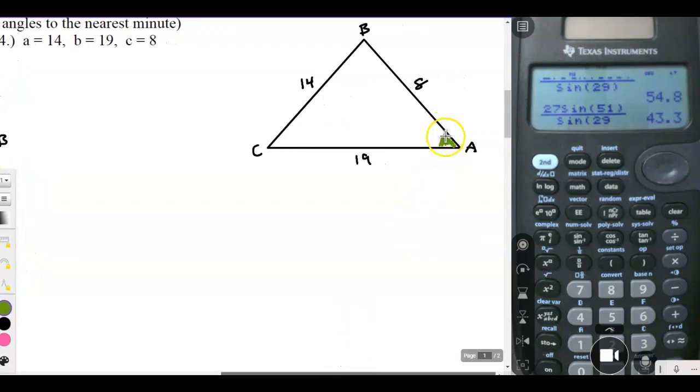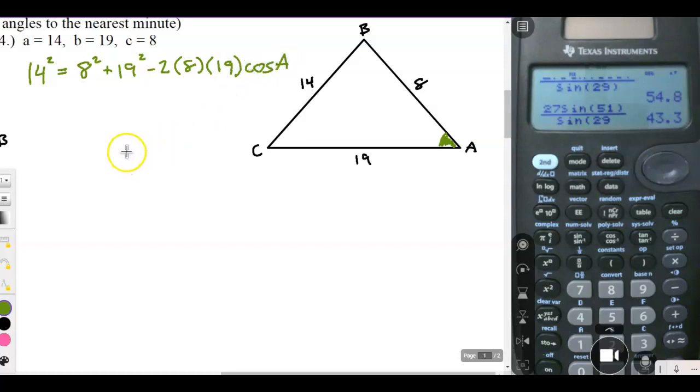Alright, so if I want to do angle A, I'm going to start with 14 squared. And that's going to equal the other two sides, 8 squared plus 19 squared, and then minus 2 times 8 times 19 times the cosine of A. Now I have to do all the solving to figure out what that equals.